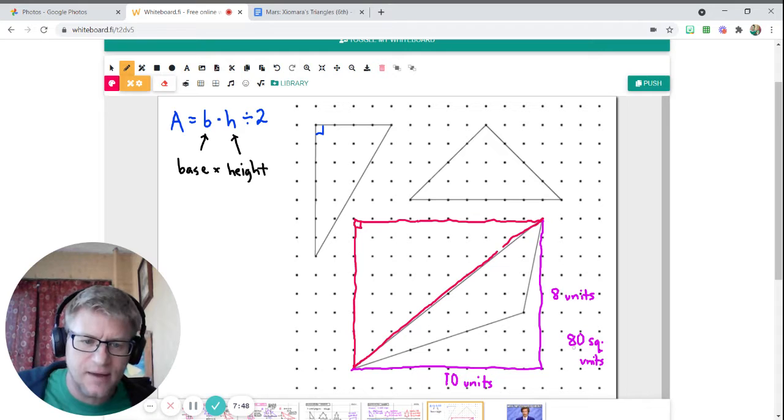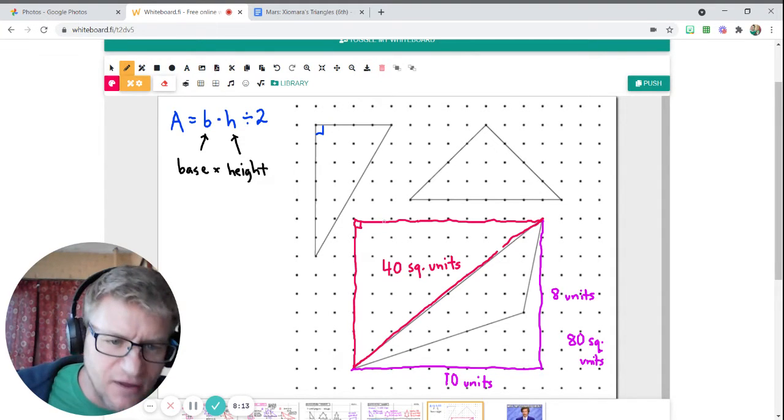It's exactly half of the whole thing. So that means that this must be 40 square units, right? Isn't that interesting? That means there's 40 squares in there. If I made all these into squares, there'd be 40. That's interesting. That's a strategy. So what am I looking for? I'm looking for this triangle in the middle. But I figured out that that one's 40.